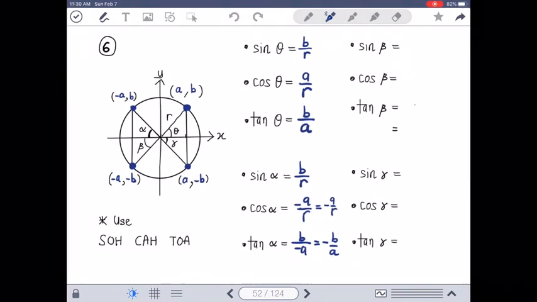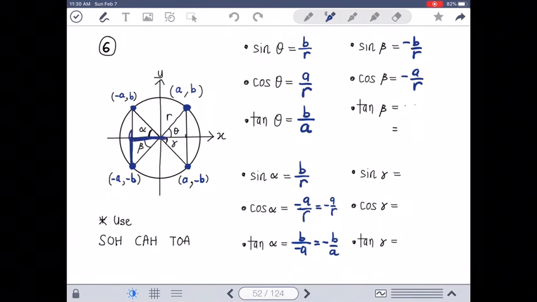Now let's have a look at beta. Sin beta is opposite over hypotenuse. So opposite going down is negative B over R. Cos beta is negative A over R. And tan beta is just equals to opposite over adjacent.